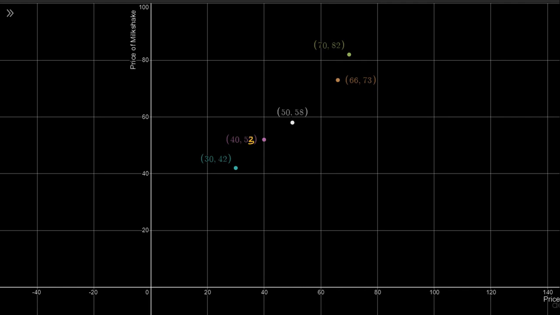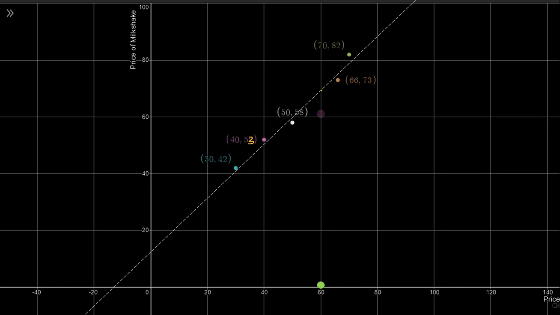If you could find a line that would match this, something like this, that would be really good, because then you could estimate the price of milkshake based on the price of milk at any point. For example, if the price of milk was 60, the price of milkshake would be something like 70.